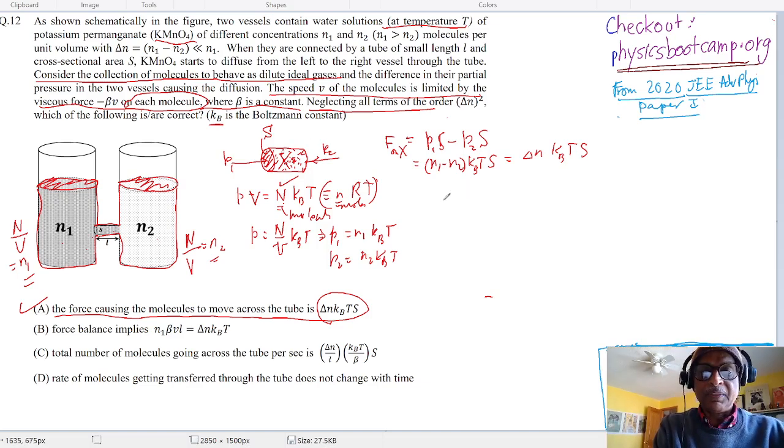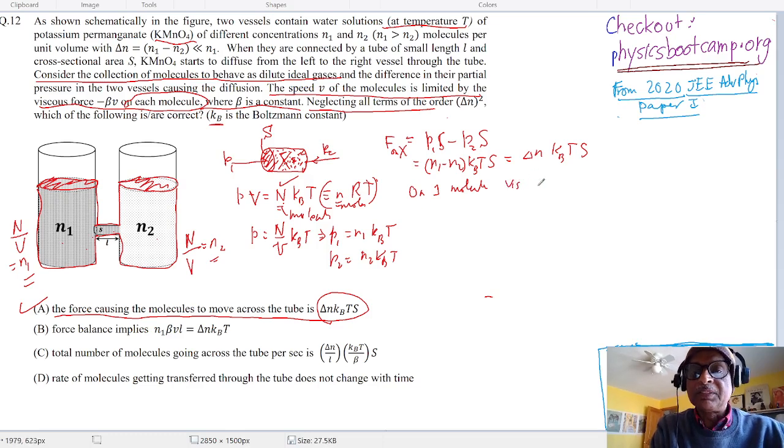So we look at how many molecules are there. Okay, so what is the density of this? Well, we can say, for one molecule, you have viscous force.